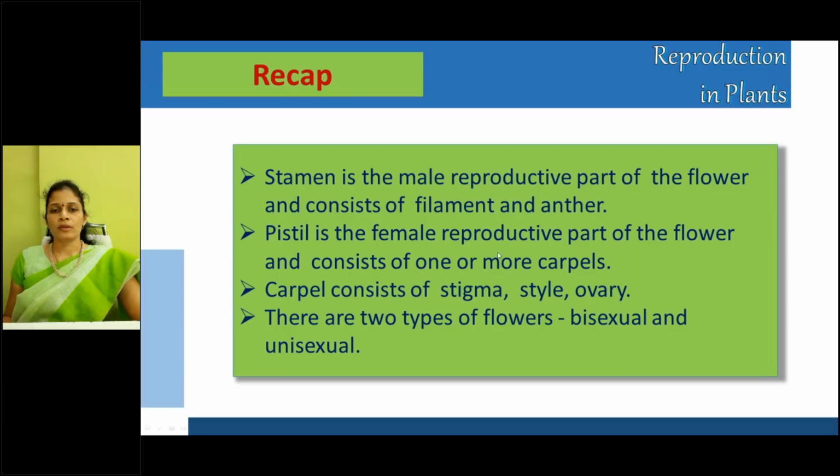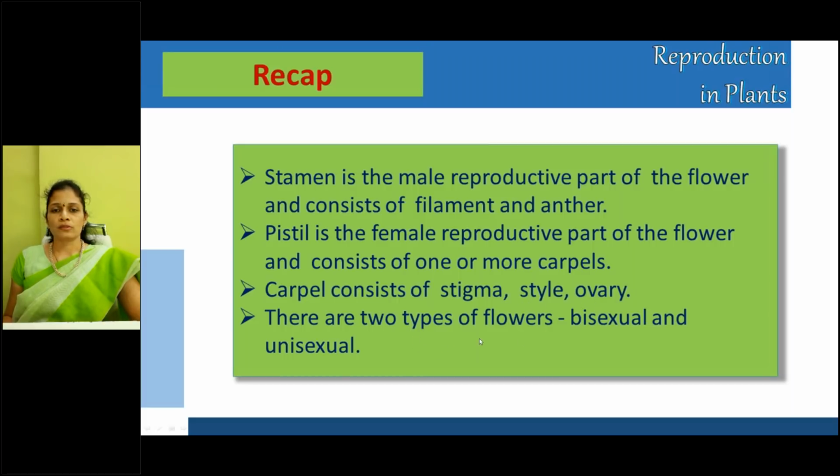Pistil is the female reproductive part of the flower and consists of one or more carpels. Pistil is also called gynoecium. Carpel consists of stigma, style, and ovary.